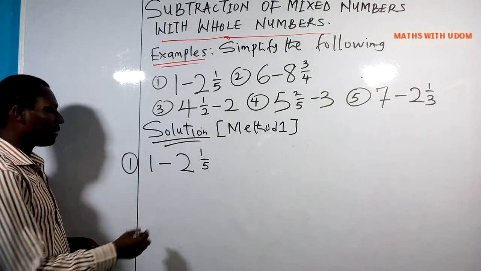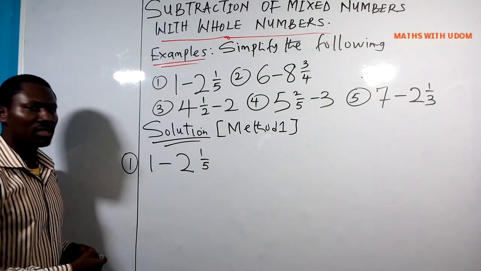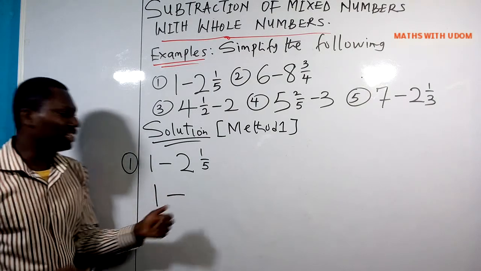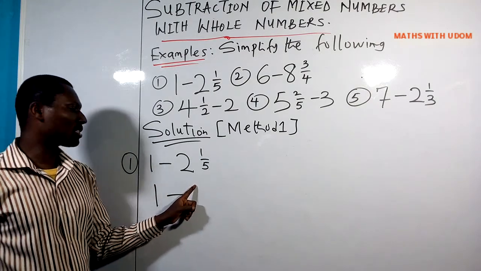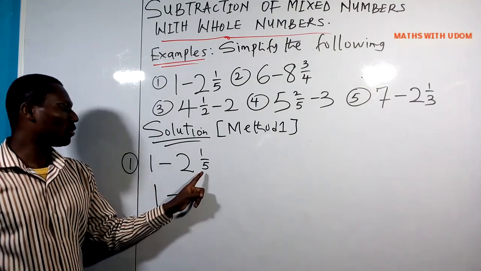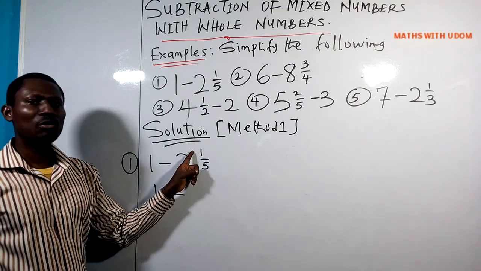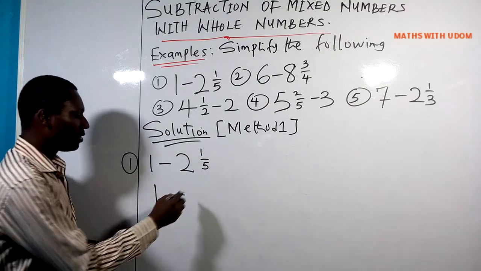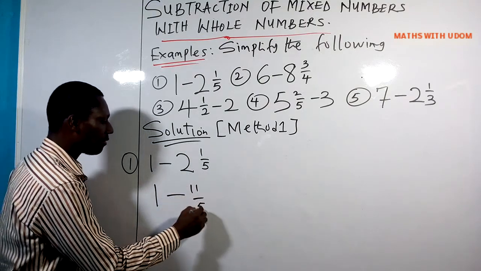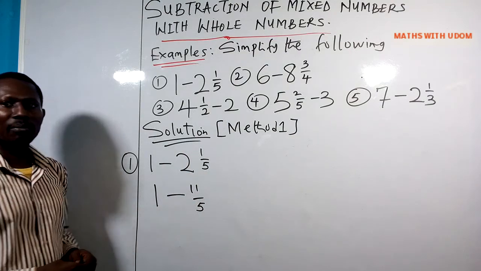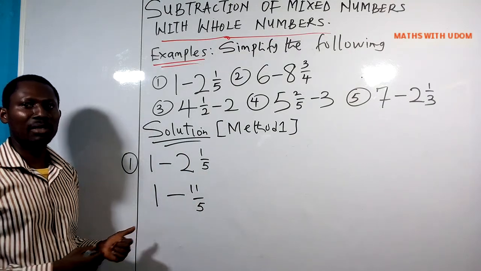So how do we go about this? We are going to do it in our normal way. So we have 1 minus, let's change these mixed numbers to what? Improper fraction. So 5 times 2 will give us 10, plus the numerator 1 will give us what? 11. So we have 11 divided by 5. The next thing is that we are going to change every whole number, they have 1 as their denominator.